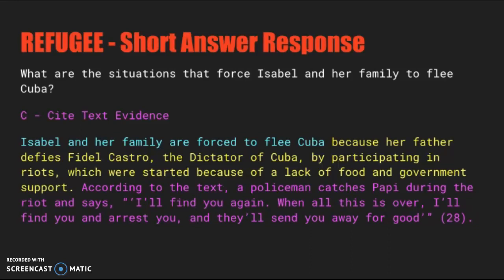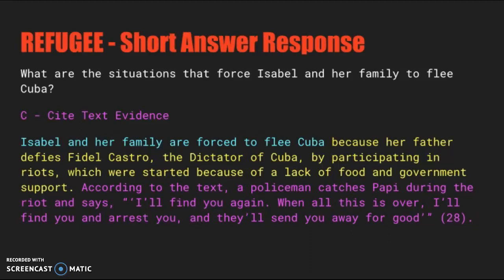So I'm going to go ahead and read a little passage from that, and then I'll show you how I narrowed down. So on page 28, it says, "The policeman's eyes flashed from anger to surprise, and then back to anger. He reared back again to hit Isabel, and she flinched. But the blow never came. Another policeman had caught his arm. Isabel blinked. She recognized the new policeman.